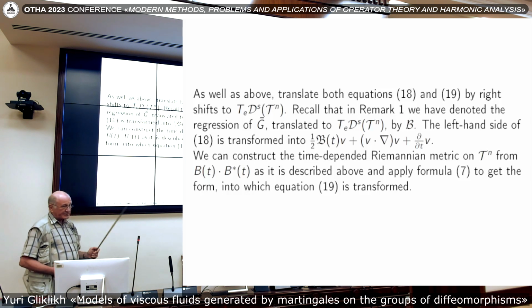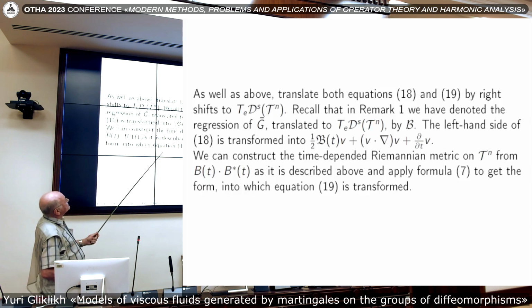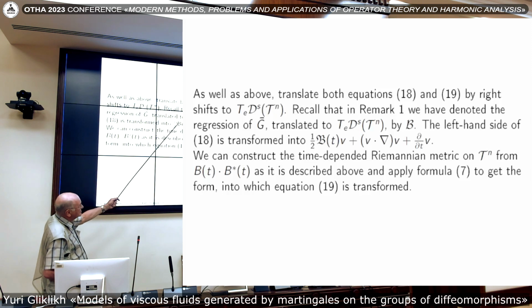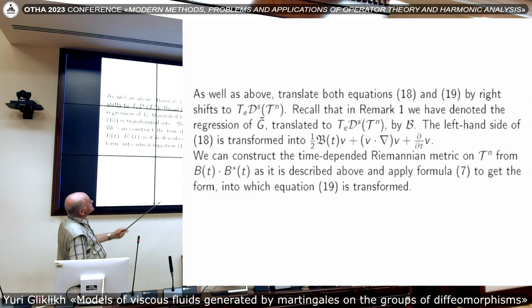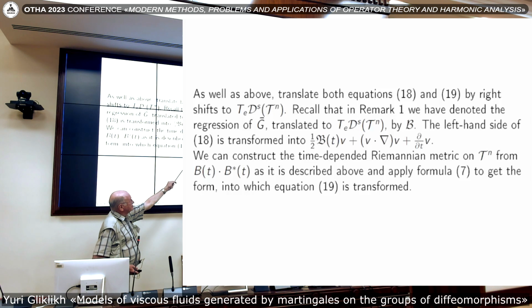It is constructed from the diffusion coefficient. And so we obtain the left side of the equation instead of the ordinary Burgers', but the right-hand side is this B.